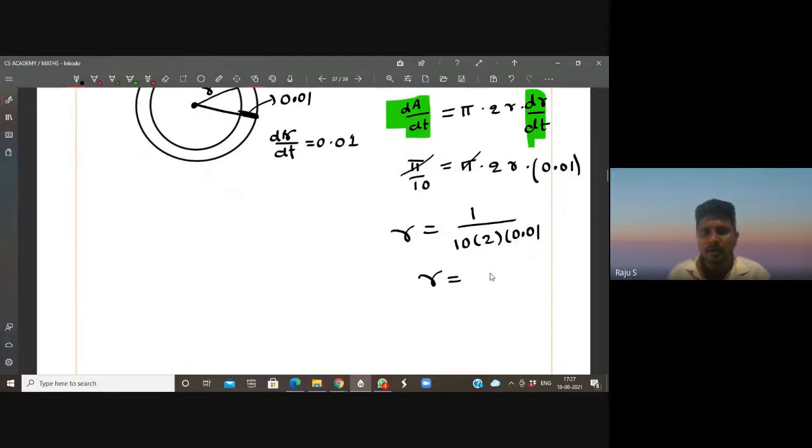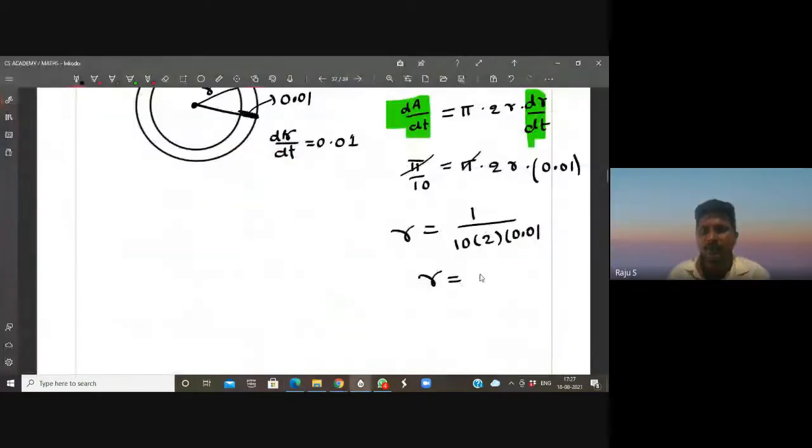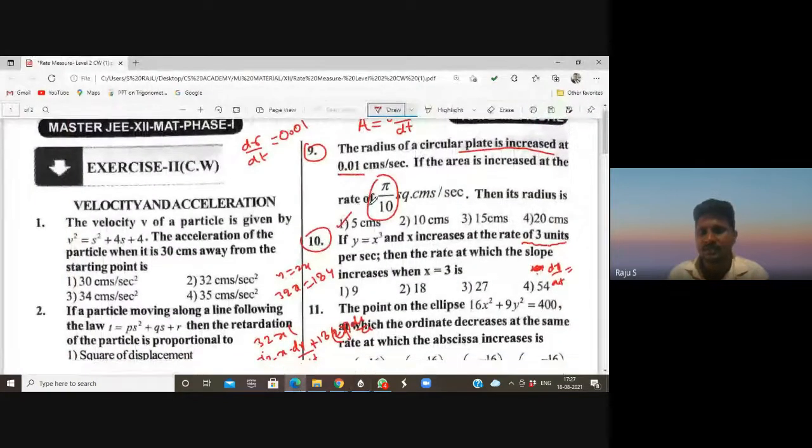Yes, students. Which of the following options? 5. Right. Absolutely right. It is 5. 10 by 2 we are going to get, that is 5. So the first option is correct.